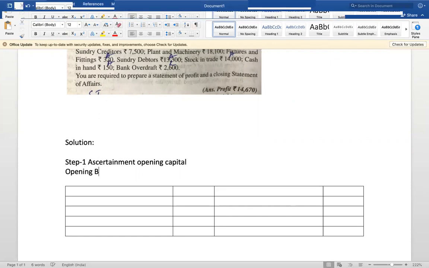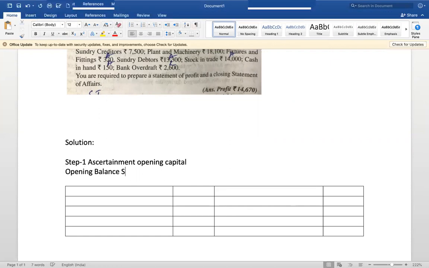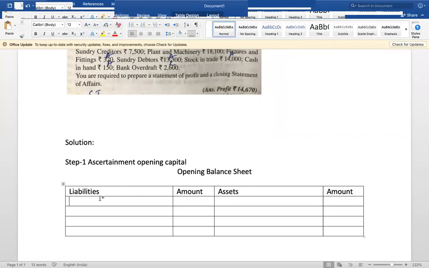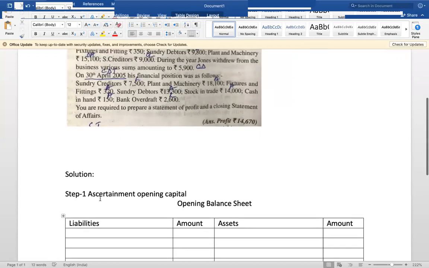Then you have liabilities, then you have amount, then you have assets, and you have amount, right? So from the above problem, what are the opening assets and opening liabilities?